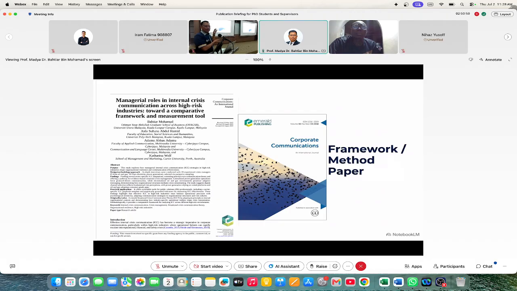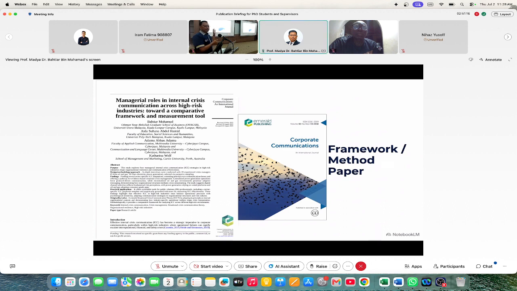Once we have developed all the measurement, the measurement will be used for data collection. But before we proceed to data collection, we come up with the paper on how to develop the measurement for internal crisis communication in high-risk industry. But positioning of the paper is very important. The positioning. We published in a corporate communication and international journal.